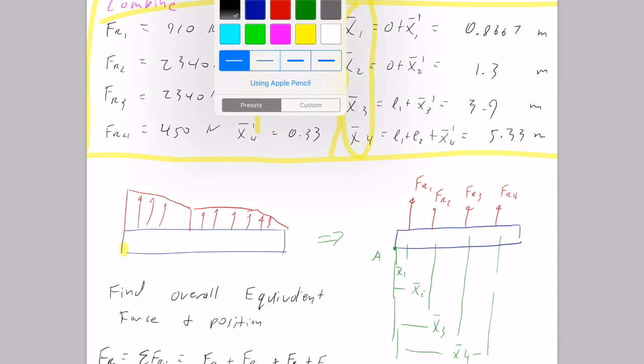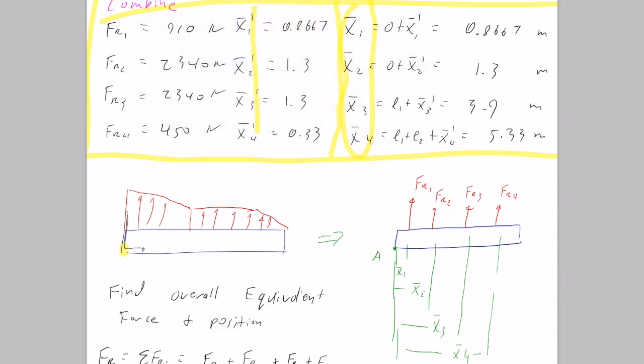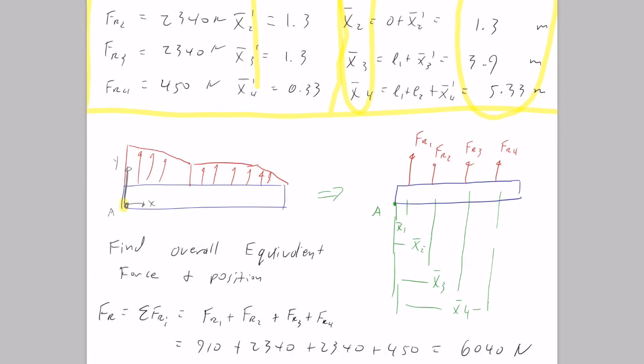So now it's this coordinate system where x is 0 right here. I'll call that point A, okay? And now I've got all those position vectors from the left-hand side. Okay, so here it is drawing that out for you.